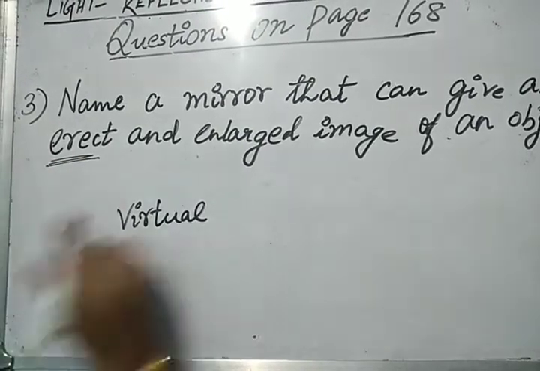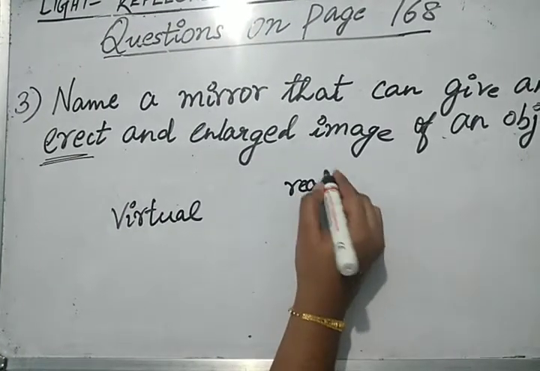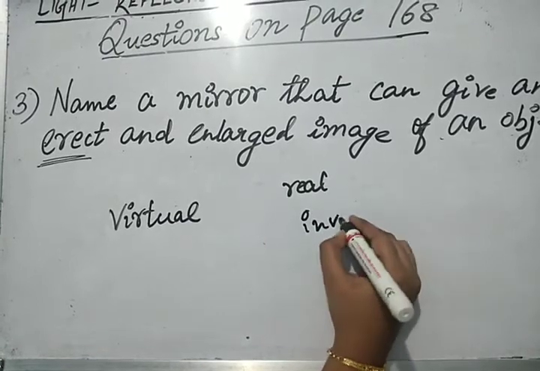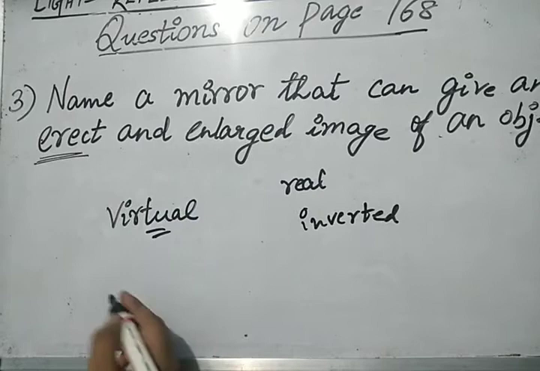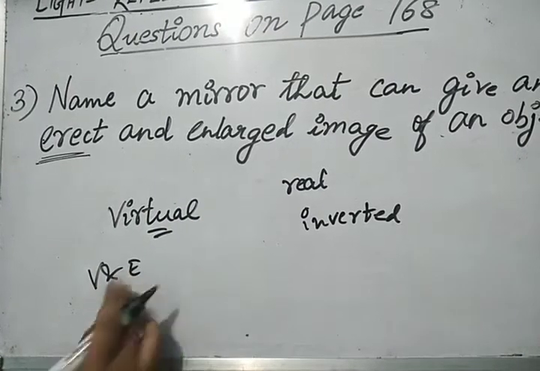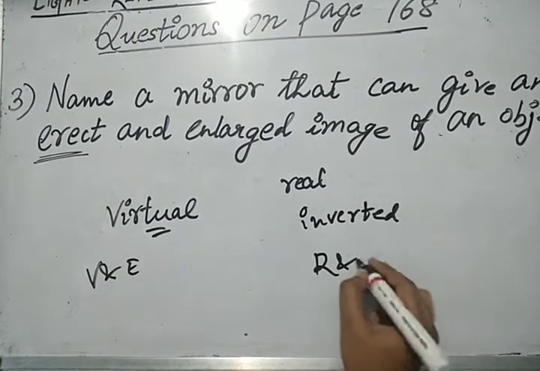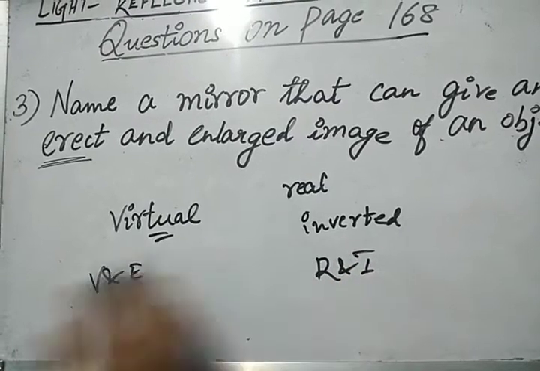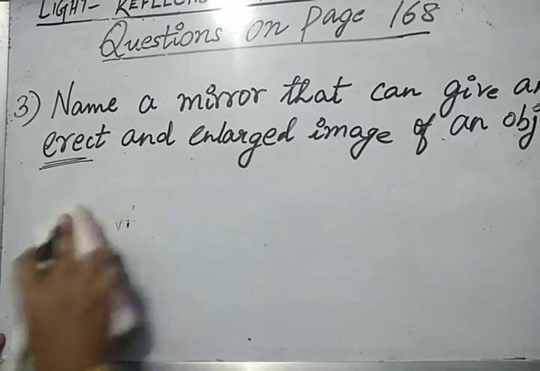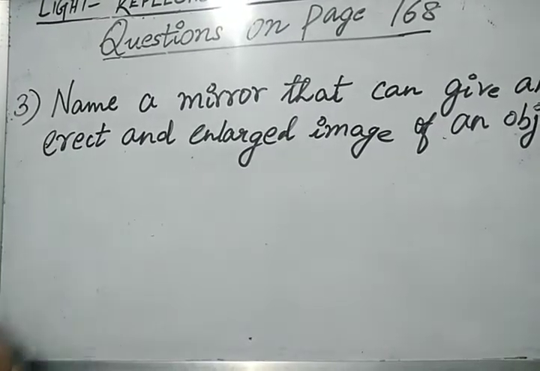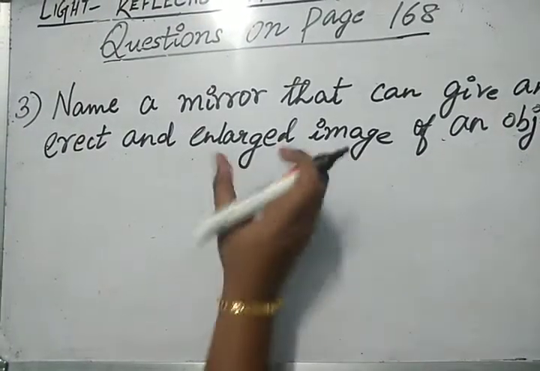Somewhere it's hidden. If there's a word real, then the word inverted is hidden. If there's a word virtual, then erect is hidden. Because virtual and erect are always together, real and inverted are always together. Since the word erect is given, you can easily understand that you get a virtual image from that mirror.